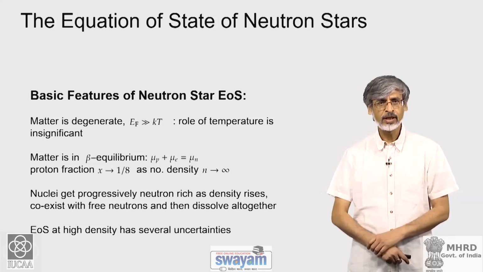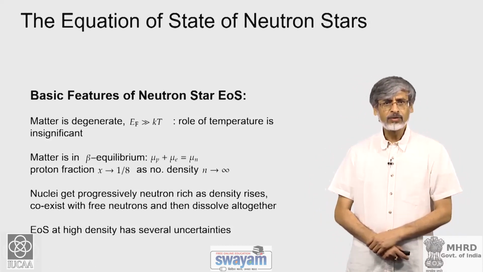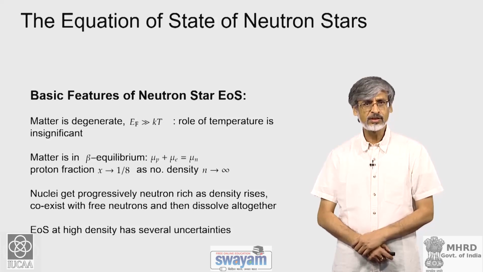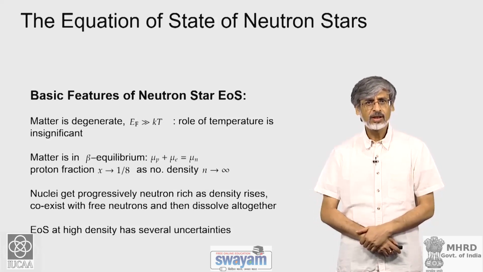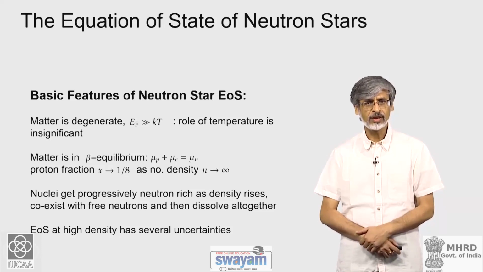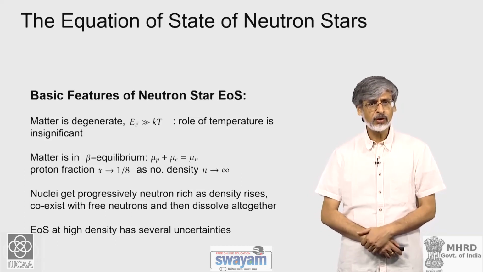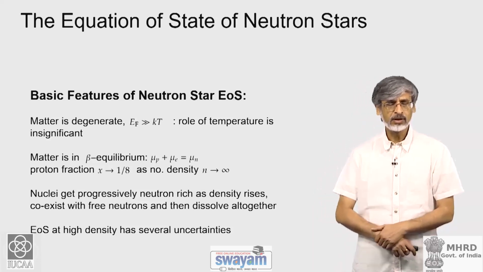So, we can ignore temperature for now. We also know matter is in beta equilibrium, which means the chemical potential of neutrons is a sum of the chemical potential of the protons and electrons, and in some cases you would also have muons. So, the chemical potential will also include the muons.